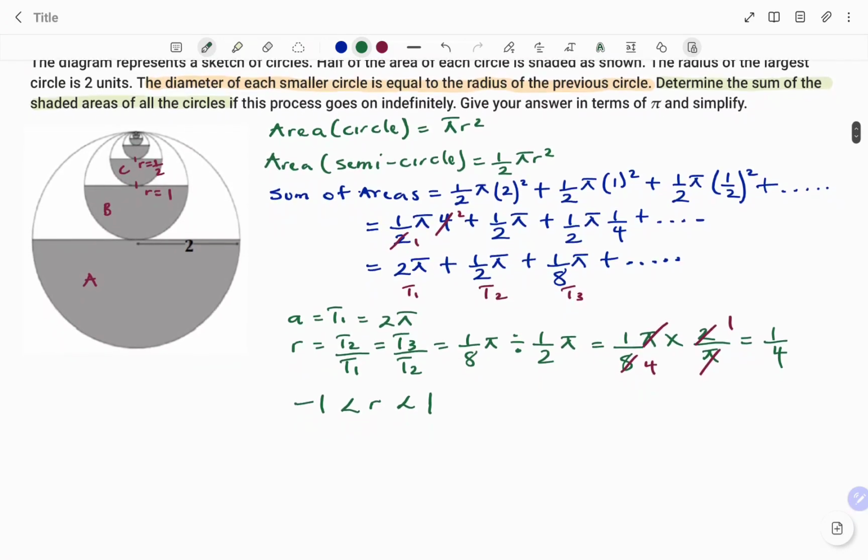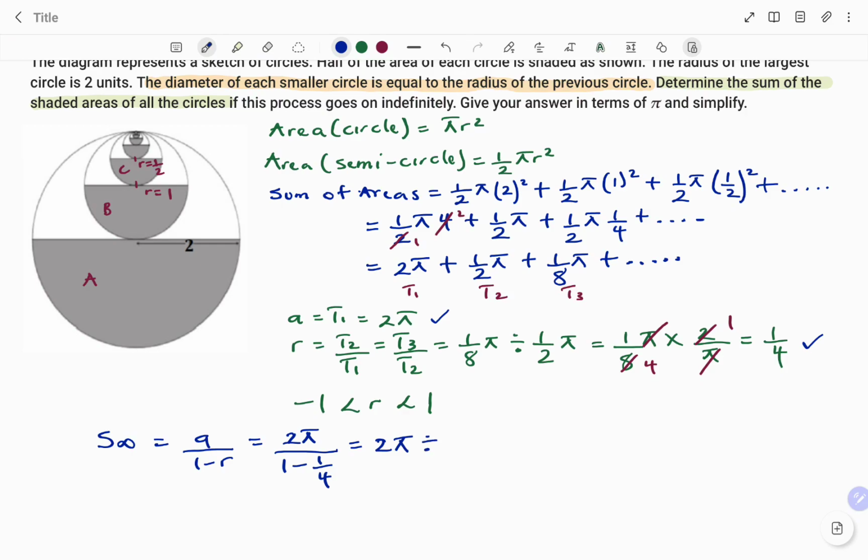So therefore, the formula to use will be sum to infinity of a geometric sequence or series is equal to a over 1 minus r. If my r was greater than 1, then it will have been a over r minus 1. If I slot in the parameters, I have my a to be 2 pi. So I have 2 pi divided by 1 minus r. r is 1 over 4. That's equal to 2 pi divided by 1 minus 1 over 4.